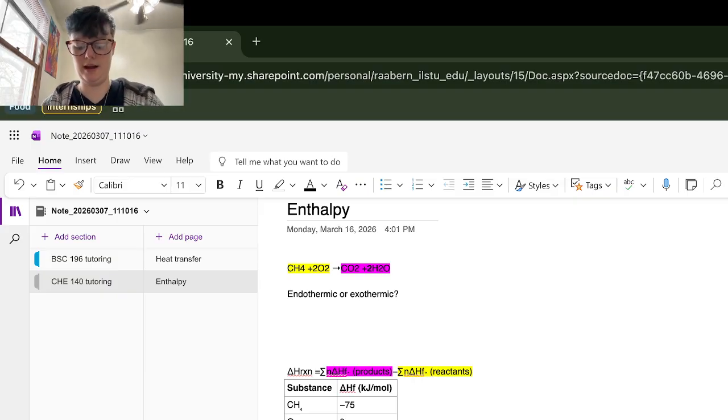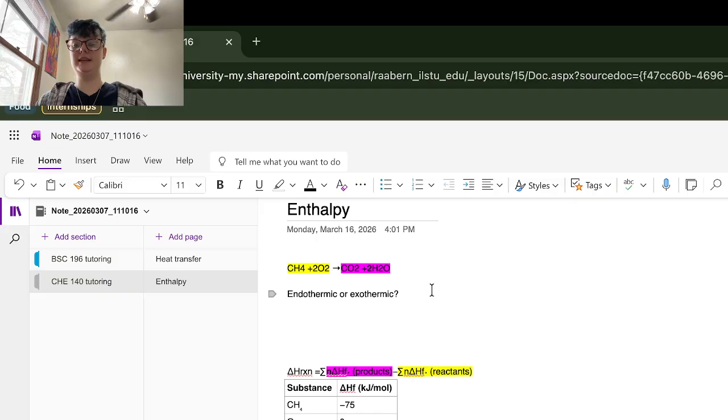And just to make sure that I'm getting the correct answer and you guys are too, I'm going to type it in my calculator, and I suggest you do the same. Alright, and that will give you an answer of negative 891 kilojoules per mole. And that is technically your answer for how many kilojoules there are per mole.